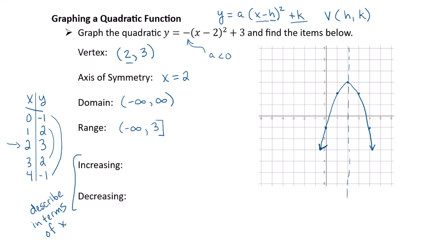So we're coming from negative infinity, and we go until an x value of 2, before it stops increasing. Okay, and then from that x value of 2 on to infinity, our graph is decreasing.